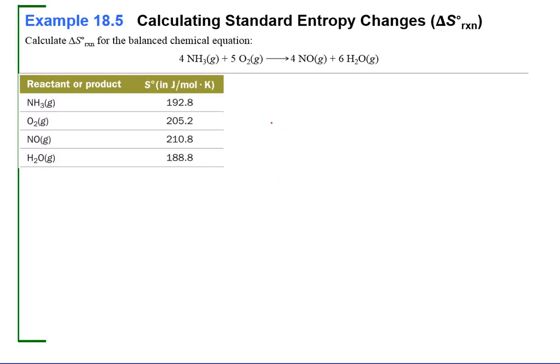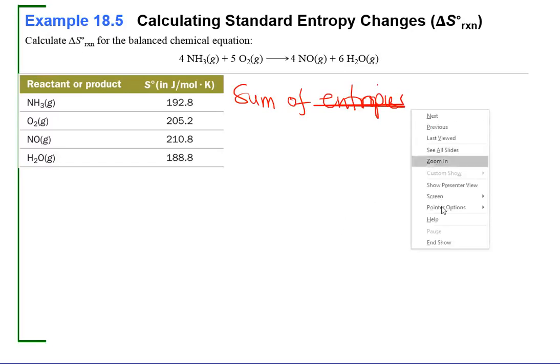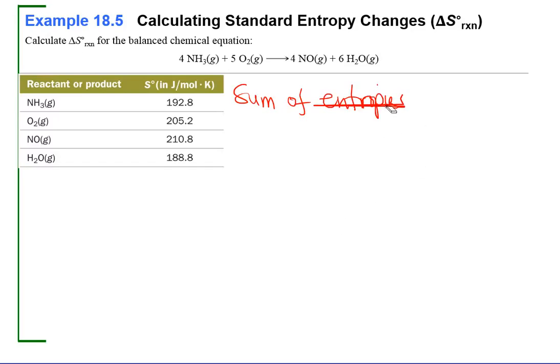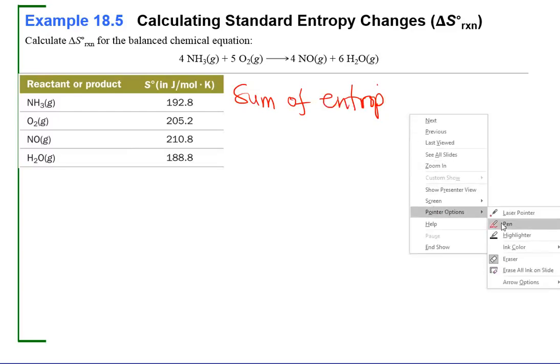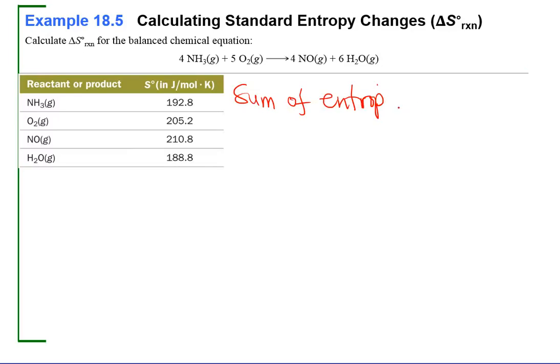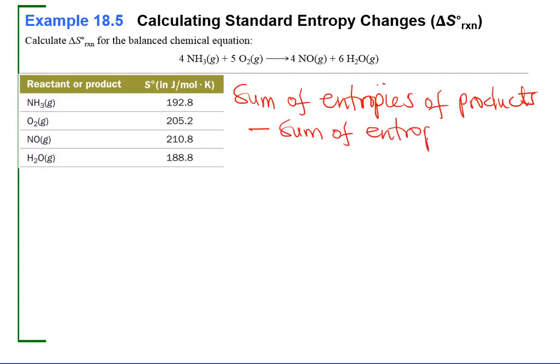To do that, you say that sum of entropies of products minus sum of entropies of reactants.